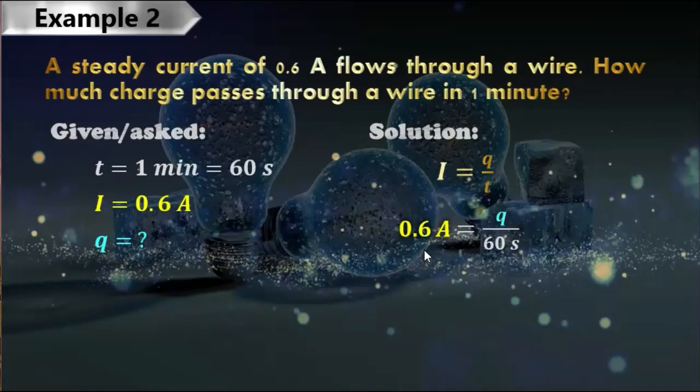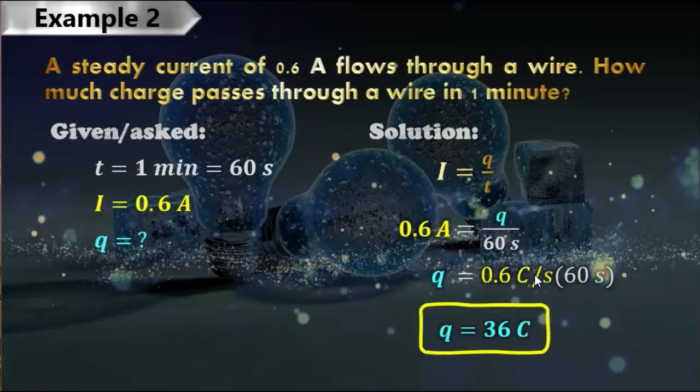Q times 1 is Q equals 0.6 amperes or 0.6 coulomb per second times 60 seconds. Get the product, or multiply 0.6 and 60. That is 36. Cancel out seconds. Therefore, the final answer would be Q is equal to 36 coulombs.